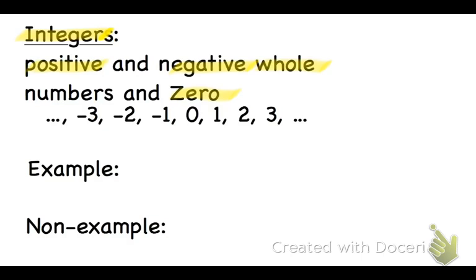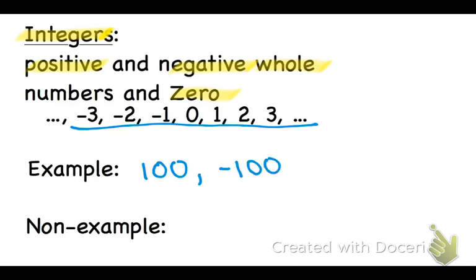Alright, now that you have those written down, some examples of an integer would be what's labeled here. Some other lovely examples would be like 100 or negative 100 or, I don't know, 1,572. Those are all examples of integers.